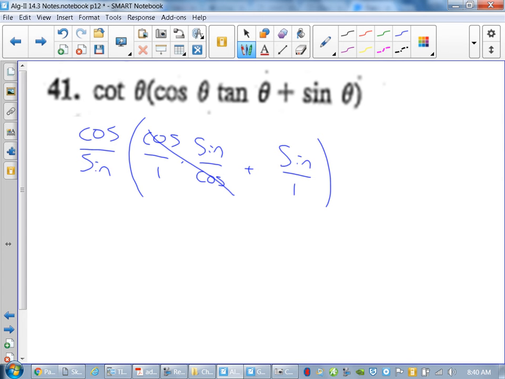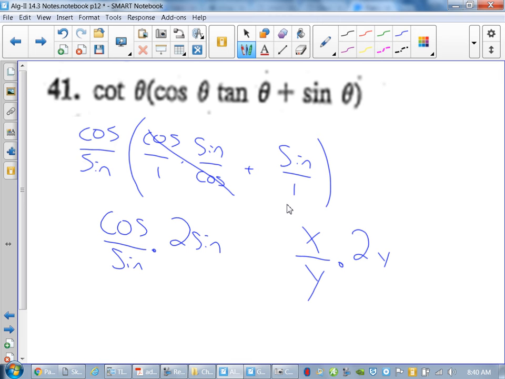So on the inside, you have how many sines? 2. So you have cosine over sine, times 2 sine. What drops? A sine. Does the 2 go anywhere? No, because it's not squared. Think of this as x over y times 2y.